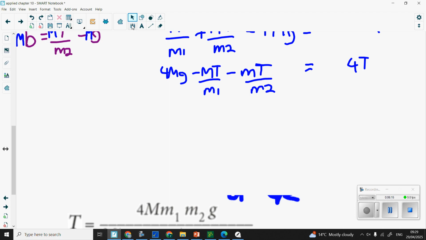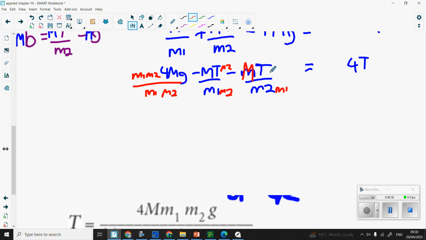So what I'm going to do is get a common denominator. I'm going to put an m1 m2 over here. That'll be an m1 m2. I'll have an m2 under here, which means I'll need an m2 up there. That's capital M, by the way. And then I'll have an m1 here, which means I need an m1 here.